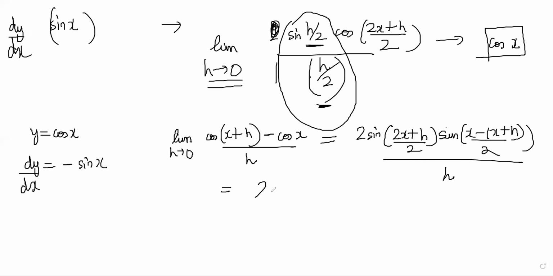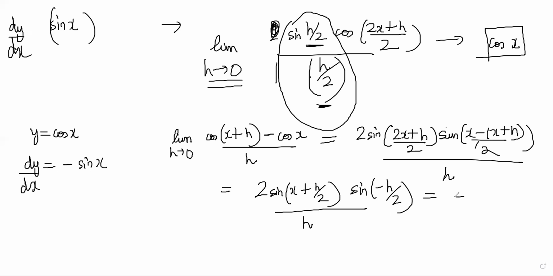So this becomes 2 sine x plus h by 2, and this becomes sine of minus h by 2, right? By h. Now sine of minus x you have learned is minus sine x, right? We saw that yesterday, I think. So it becomes minus 2 sine x plus h by 2 into sine h by 2 by h, right?